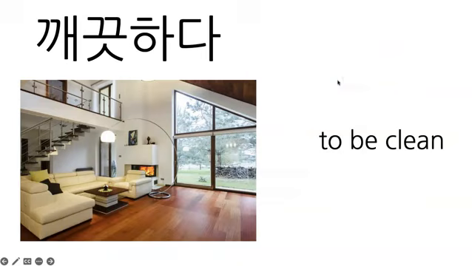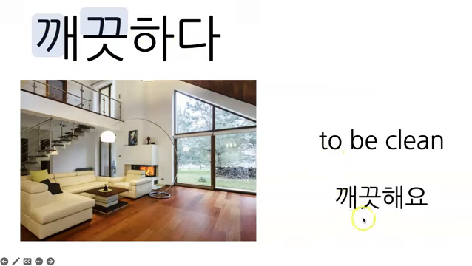Next, adjectives. 깨끗하다. So remember to use double consonant for the first and the second syllable. 깨끗하다, meaning it's clean. And this is a polite ending conjugation, 깨끗해요.